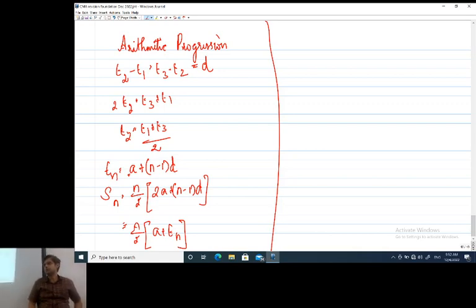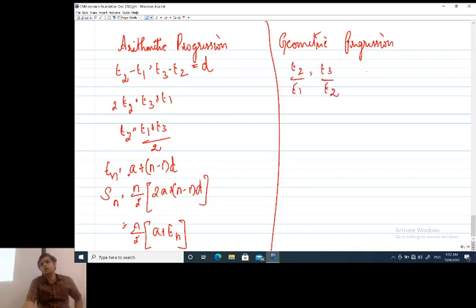Clear so far? Can we go to the next one? Next. Geometric progression. This is where the ratio of subsequent terms is equal when compared to its previous term, or in other words, T2 by T1 equals T3 by T2, or T2 squared equals T1 into T3.